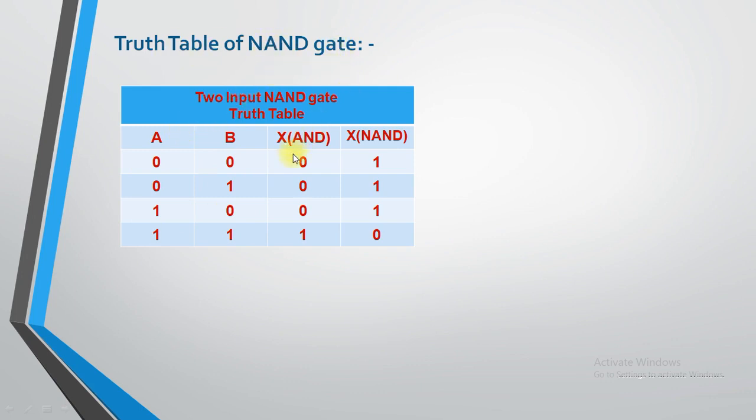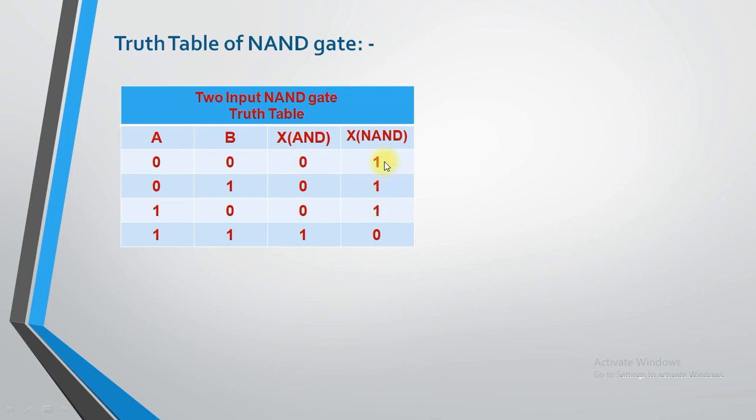Now see, the output of AND is 0 0 0 and 1, because in the AND gate we learned that if all the input signals are high, at that time you will get a high output. In the rest of the cases you will get 0. Now we have X of the NAND gate, so here we need to make the reverse of the AND gate.